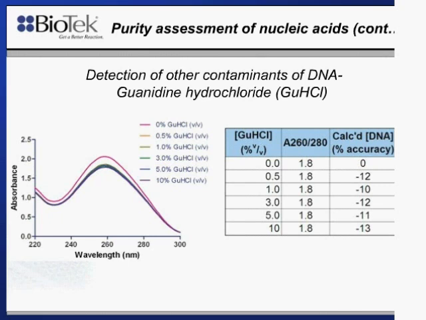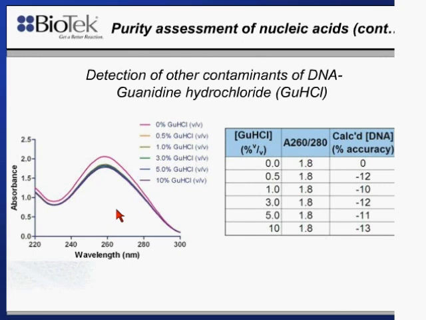We get this question quite a bit, and so here, if you look at the graph over on the left, you'll see we've plotted several different contamination quantities of guanidine hydrochloride ranging from 0.5% volume to 10%. 10% is certainly on the high side, but you might expect to see something down in the 0.1 to 0.5 range.